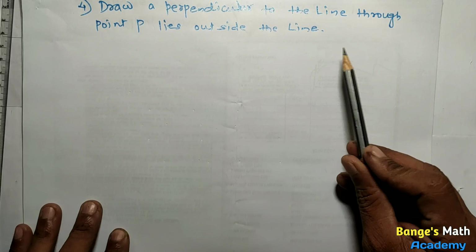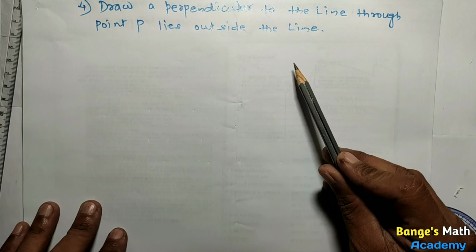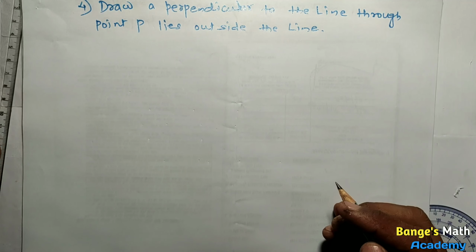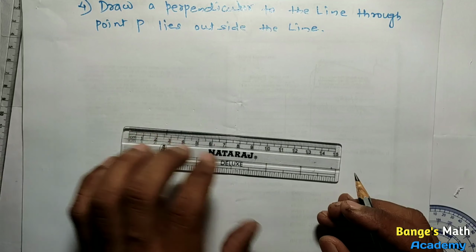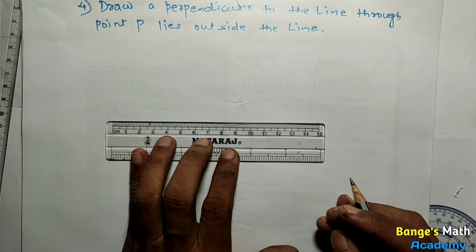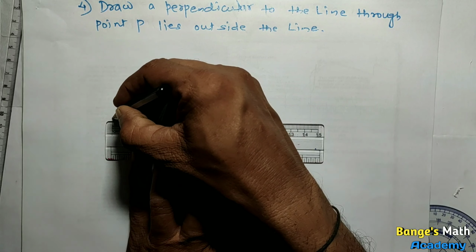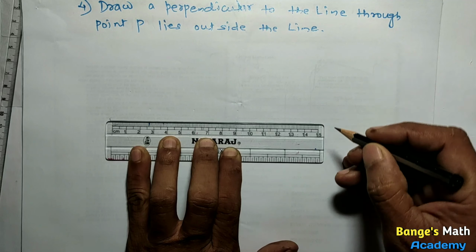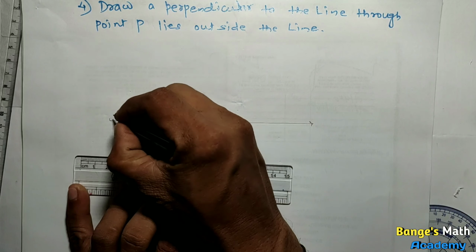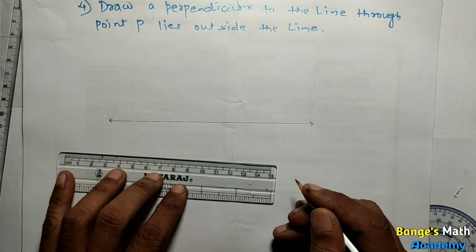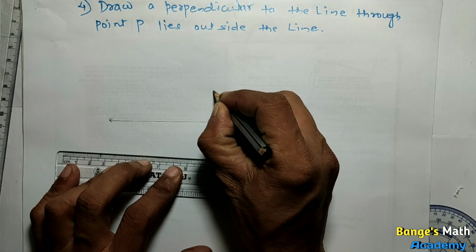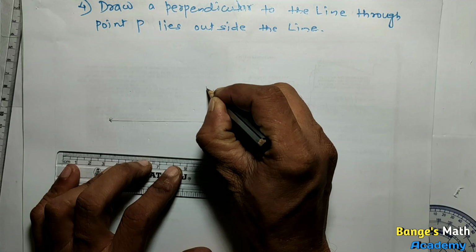Draw a line perpendicular to the line through a point P which lies outside the line. Draw a line with the help of a ruler. Take point P which lies outside the line.